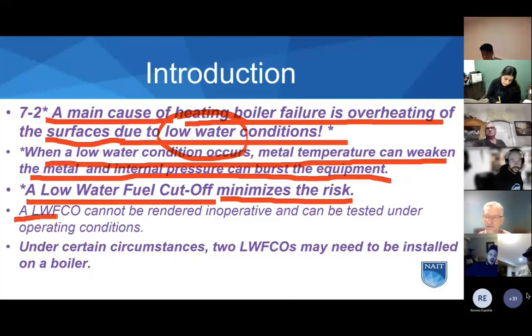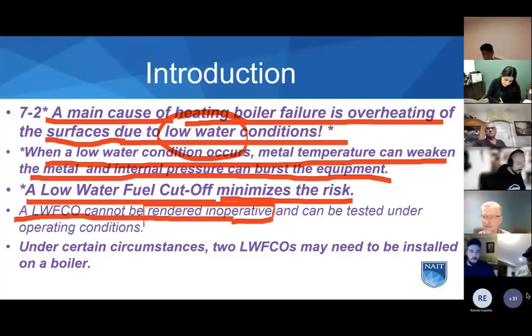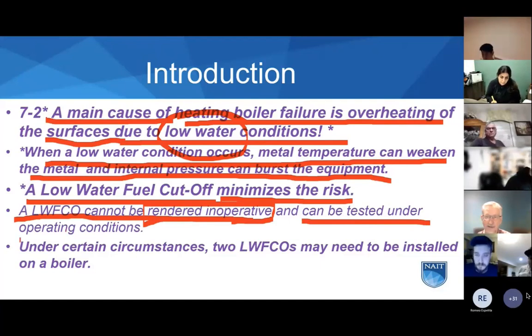One of the things about low water fuel cutoffs, you need to construct it and install it so that it doesn't have a way to isolate it or render it inoperative. Sometimes there's provisions so we can test it under operating conditions.